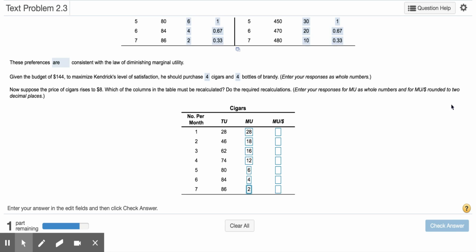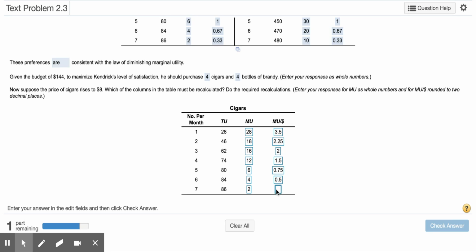So 28 divided by 8 is 3.5. 18 divided by 8 is 2.25. 16 divided by 8 is 2. 12 divided by 8 is 1.5. 6 divided by 8 is 0.75. 4 divided by 8 is 0.5.